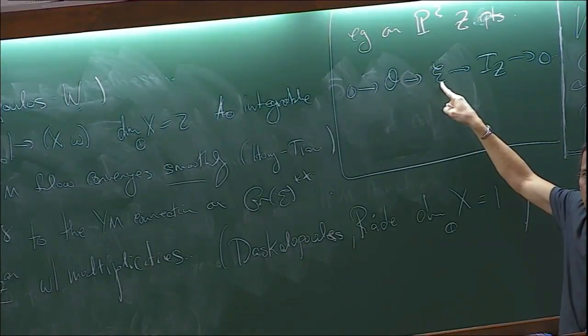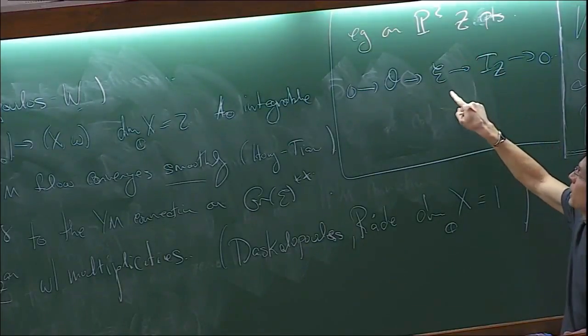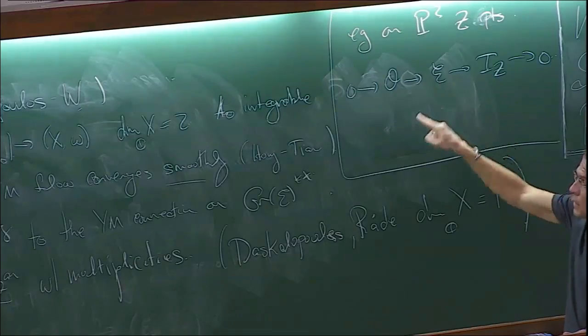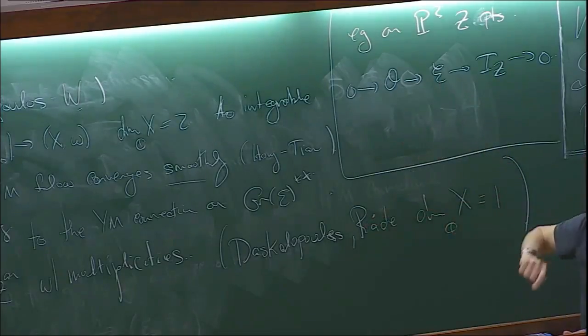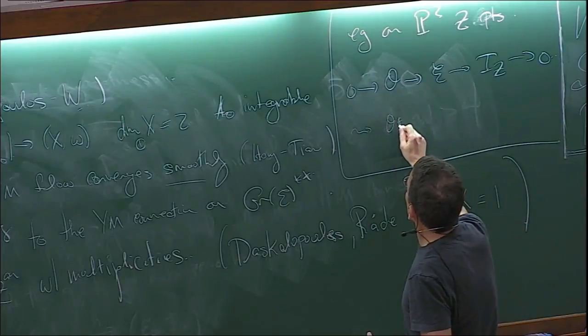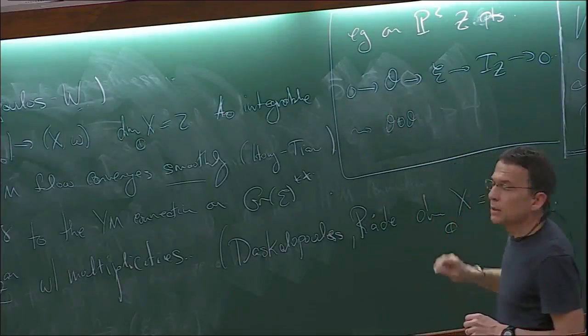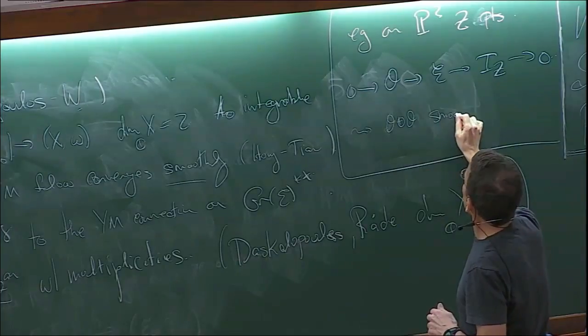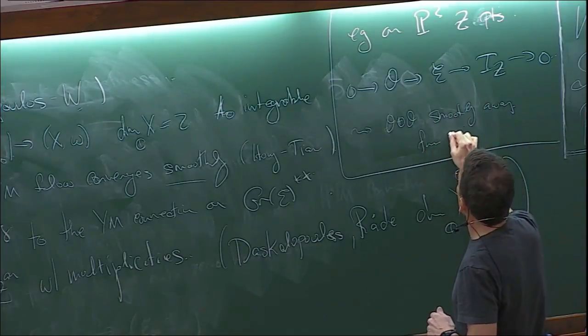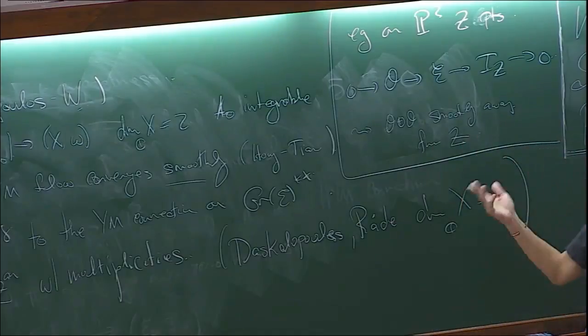If you take enough points and they're general enough, you can arrange for this to be locally free. So you get a rank 2 vector bundle on P2, and the claim is that when you run the Yang-Mills flow, this converges to just the trivial bundle smoothly away from Z. So without knowing anything else, you know exactly what happens to the Yang-Mills flow in this particular case.